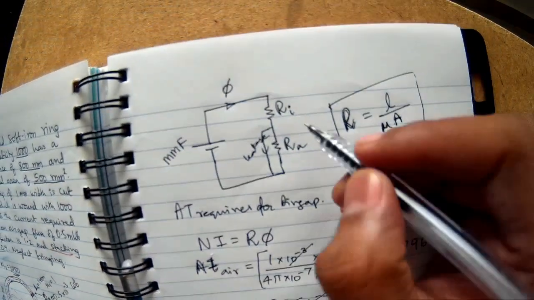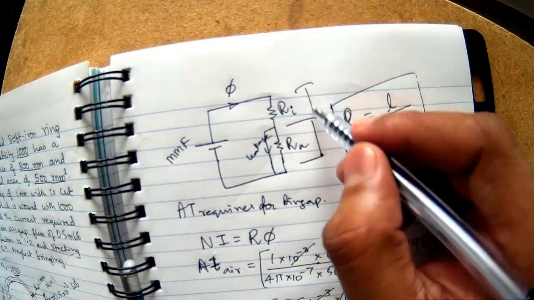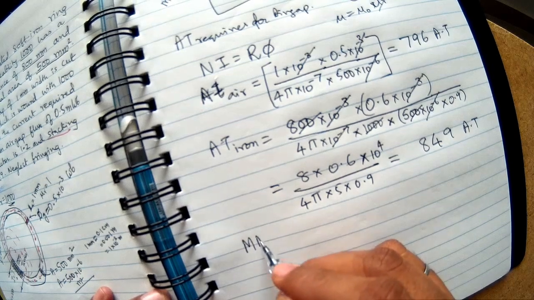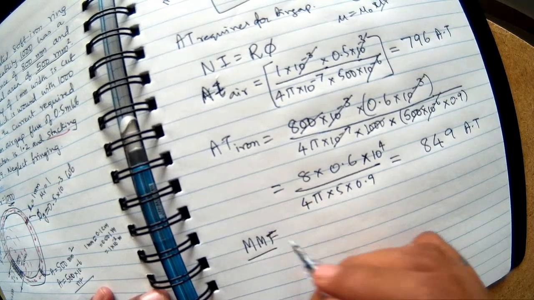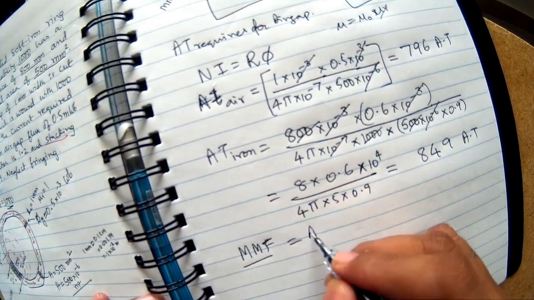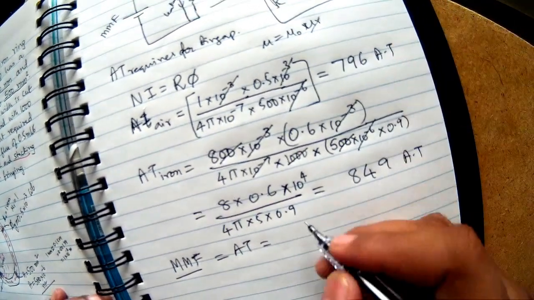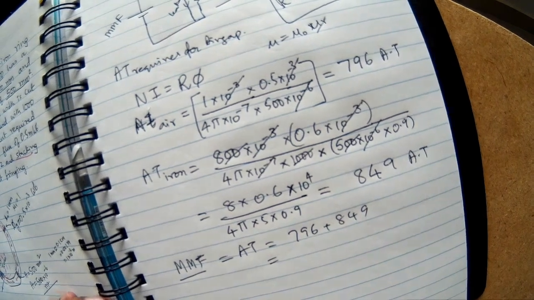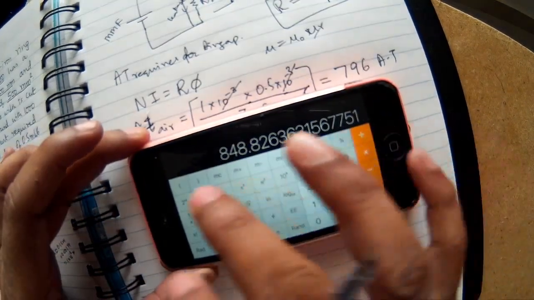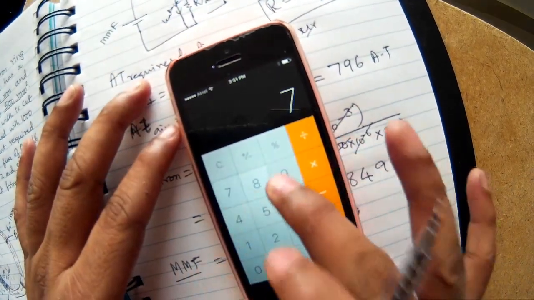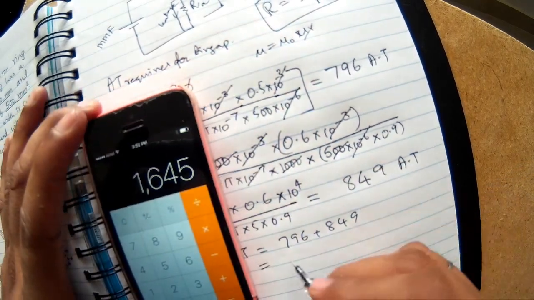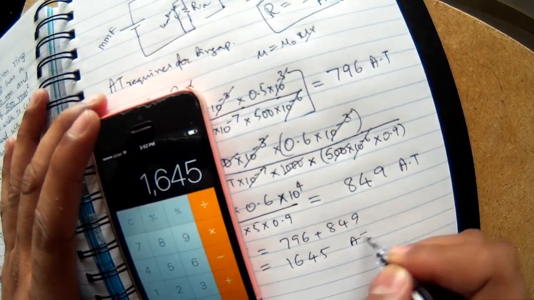So basically we have calculated the voltage of this and the voltage of this in an analogous sense. So the total MMF is nothing but the total ampere turns, nothing but these two. So 796 plus 849, which is 1645 ampere turns.